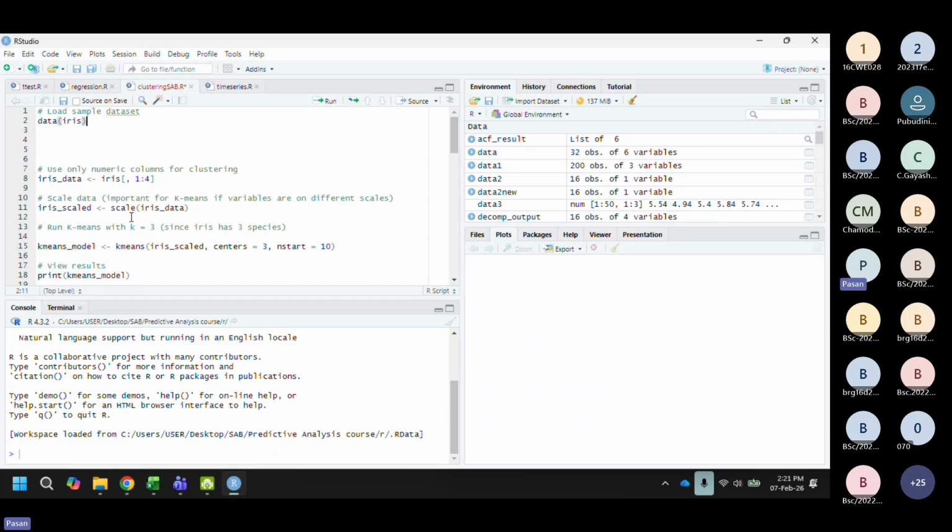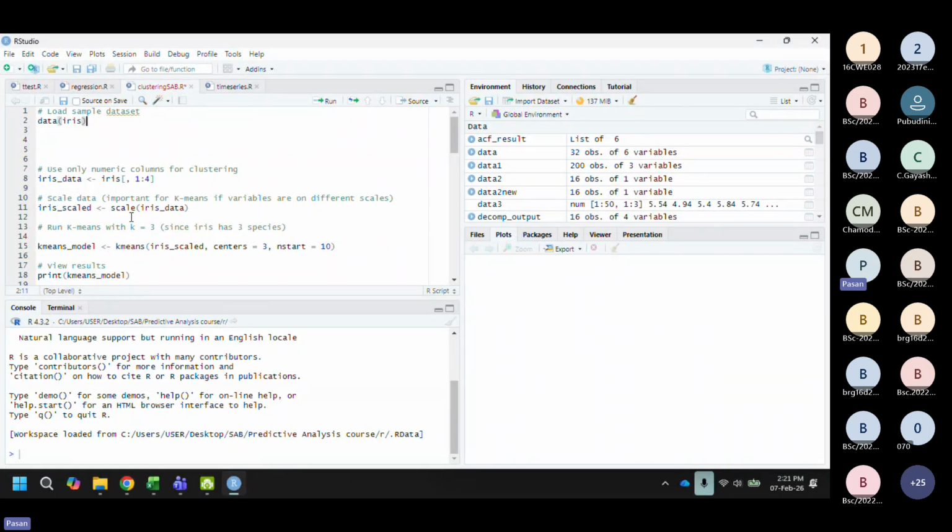So when you compare a variable measured in kilograms with another measured in millimeters, one might have very small numbers and the other very large numbers, so they are not on the same scale. That's why people like to scale them, so that all the variables are in the same units. Sometimes it's better to do the scaling.